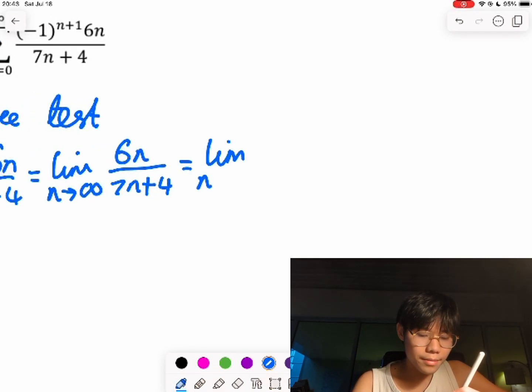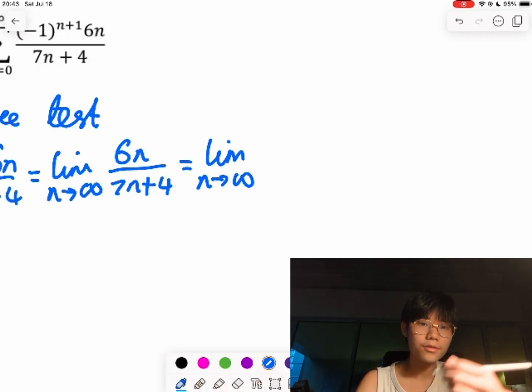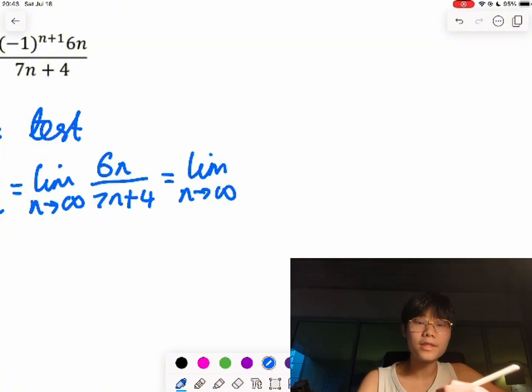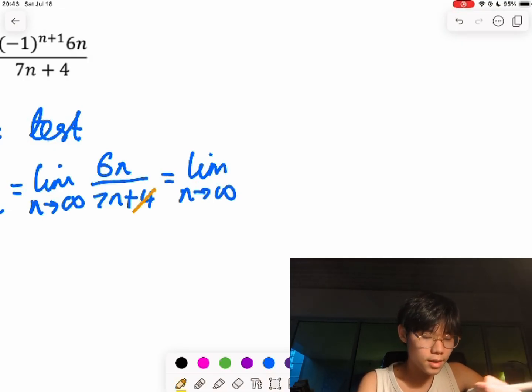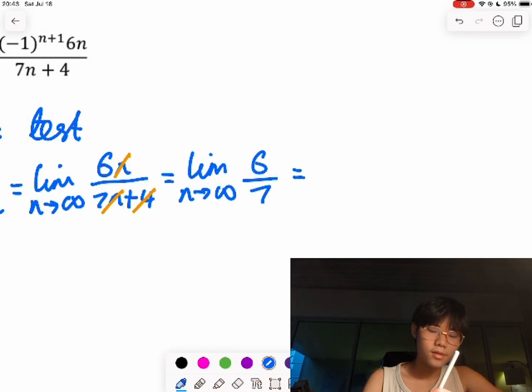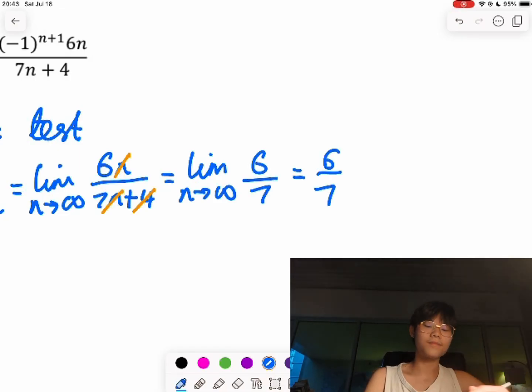And when you do limits to infinity, you can do L'Hopital's rule, where you differentiate, essentially. So let's differentiate. The 4 becomes 0, the 7n becomes 7, and the 6n becomes 6. So we're left over with 6 over 7, which is our answer.